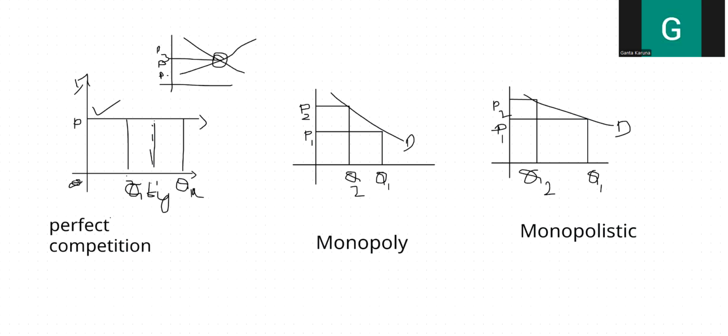Though I'm used to it, I'll try to find a new, different brand, or else if not Shikakai, I'll try to find some other things also. So though I may not have close substitutes, still I will be ready to move out of it. So if you try to change a little bit, there will be a lot of variation in the demand. So monopolistic competition, that kind of thing will be there.